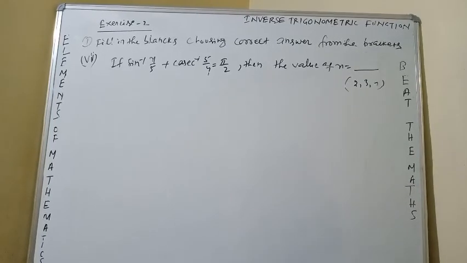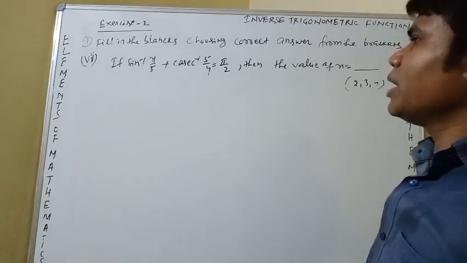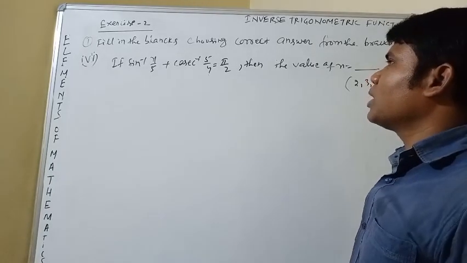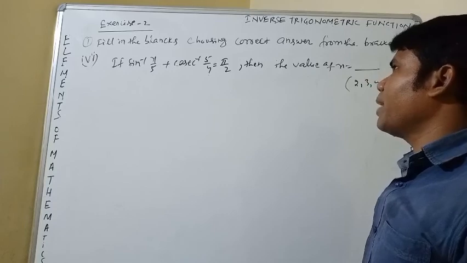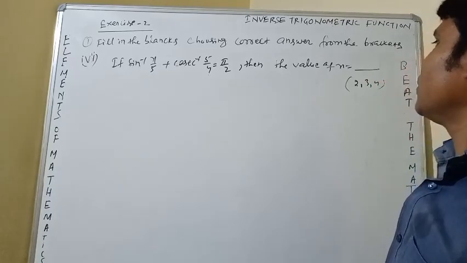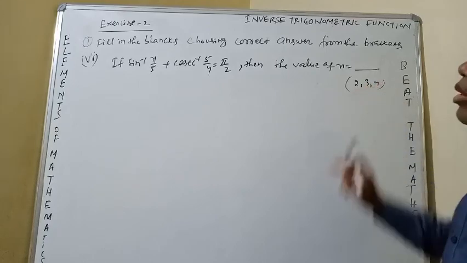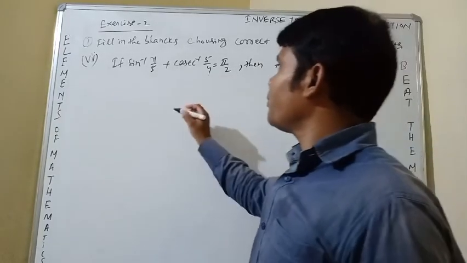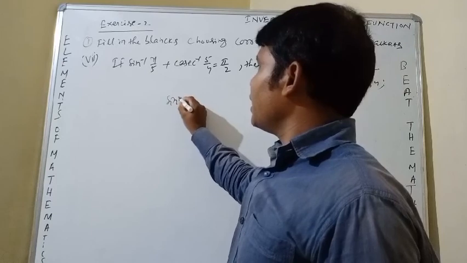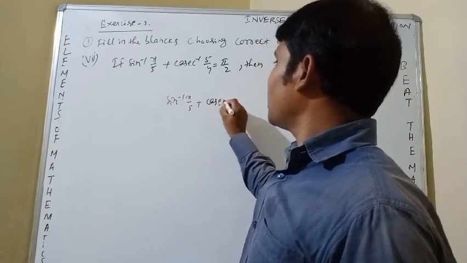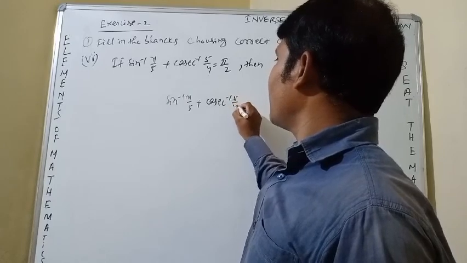You see the next question. If sine inverse x by 5 plus cosec inverse 5 by 4 is equal to pi by 2, then the value of x is equal to dash: 2, 3, 4 given. You see, sine inverse x by 5 plus cosec inverse 5 by 4 is equal to pi by 2.